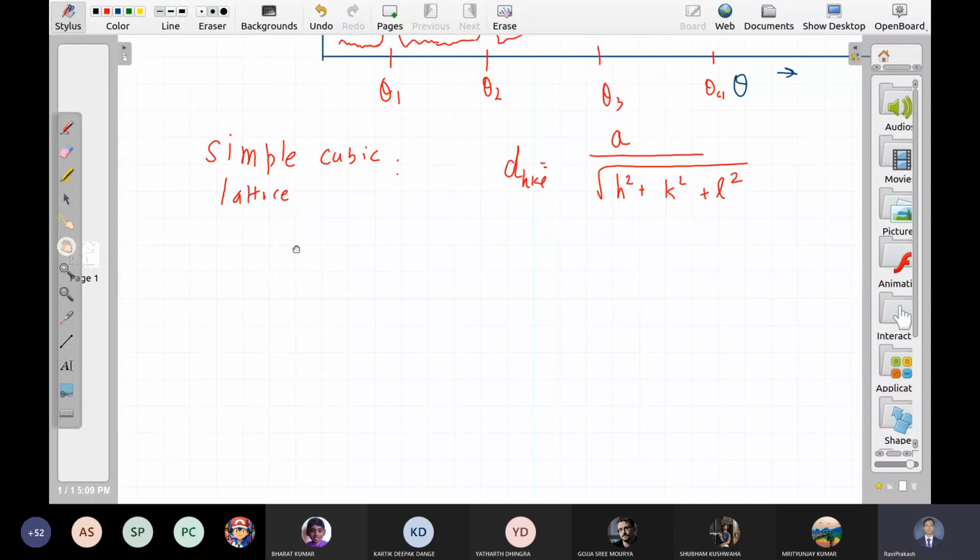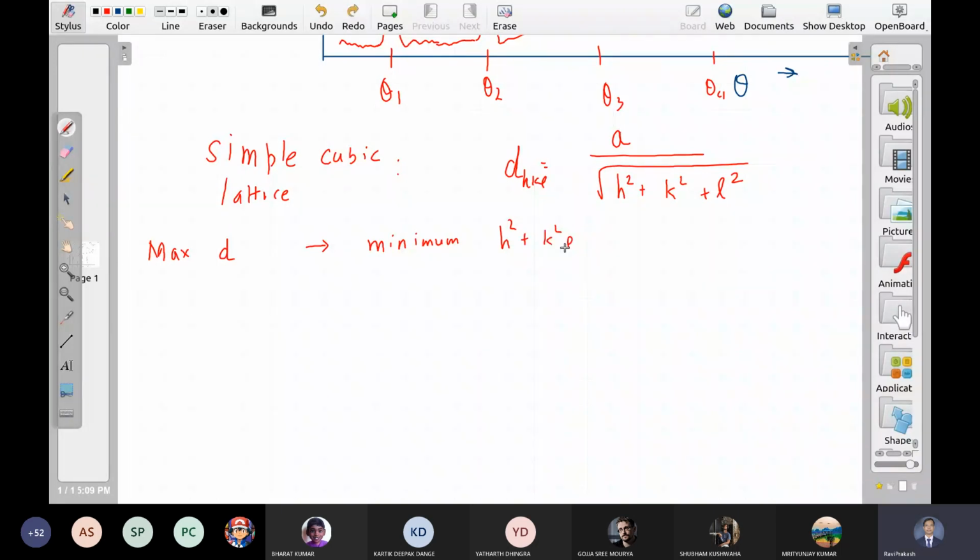Can you please tell me what is the maximum possible d here? Maximum d means minimum of h square plus k square plus l square.